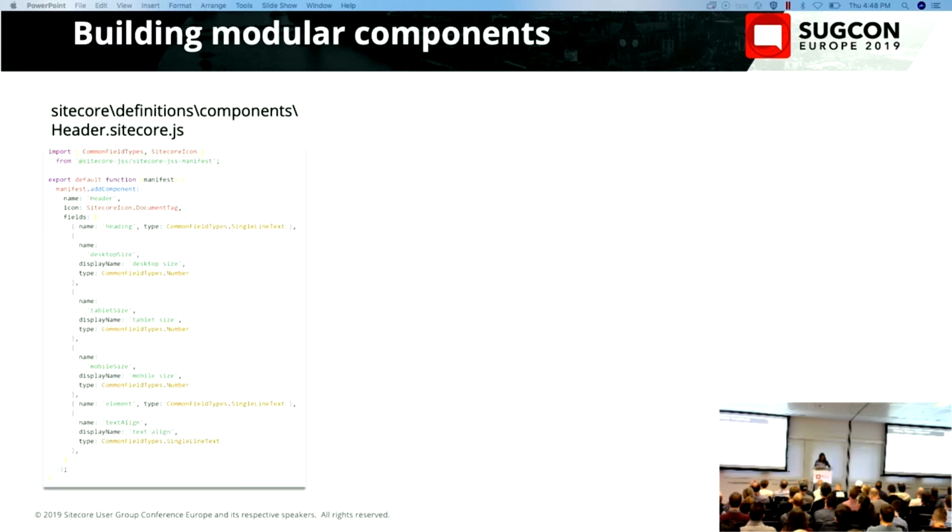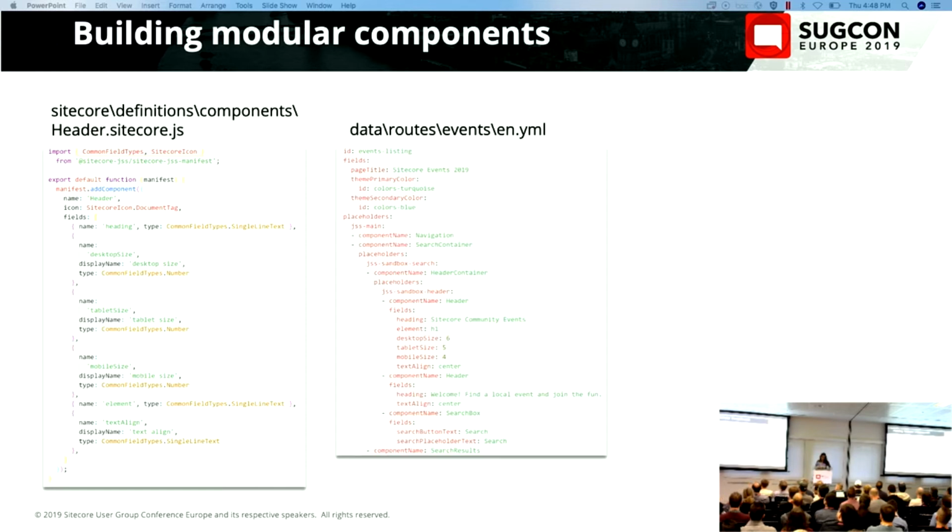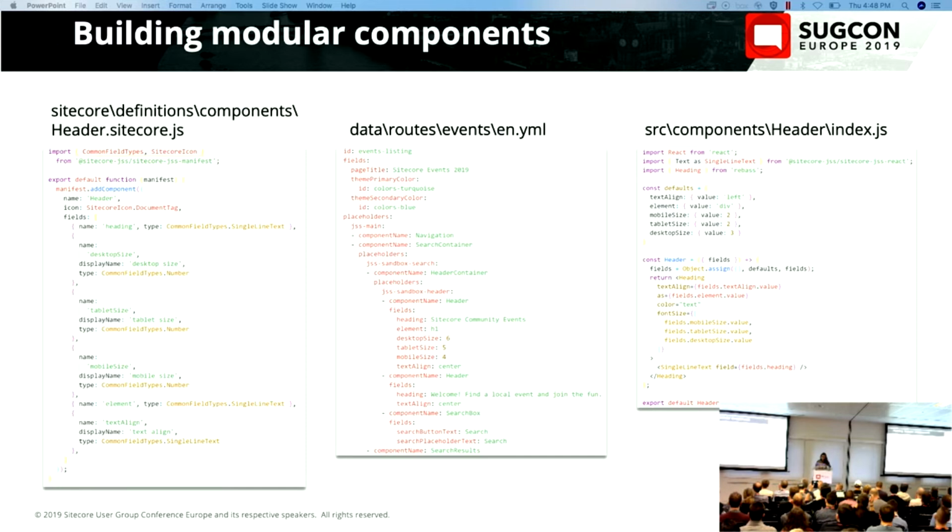This was my header definition in JSS, where it has the fields. And then from my YAML file, which represents the content author's data, you can see I gave it different sizes for desktop size, tablet size, mobile size. And then in my React component, I provided some defaults.